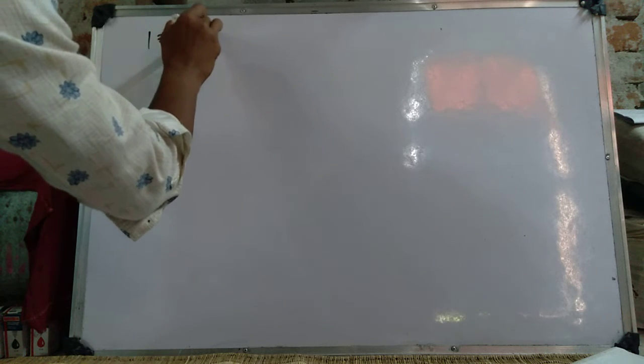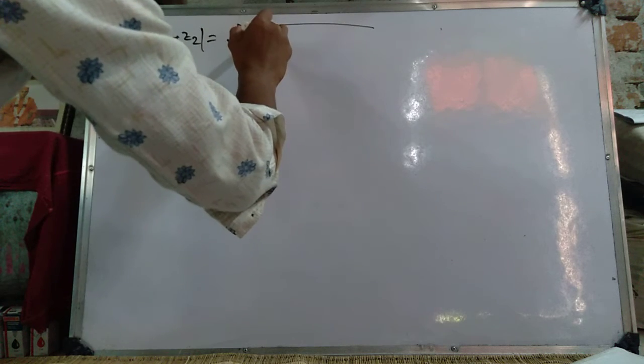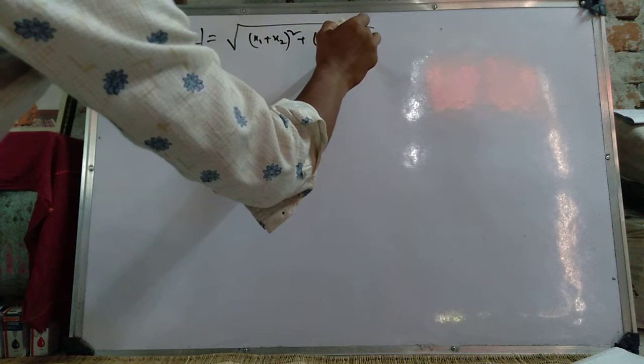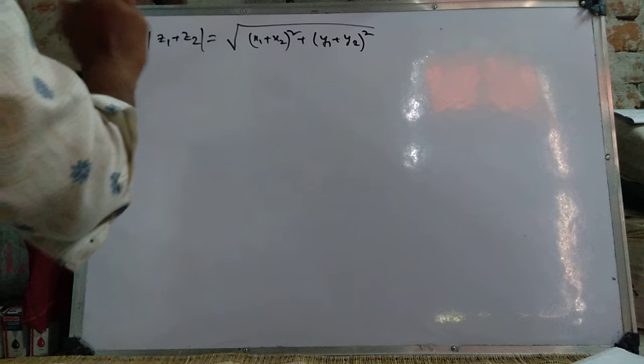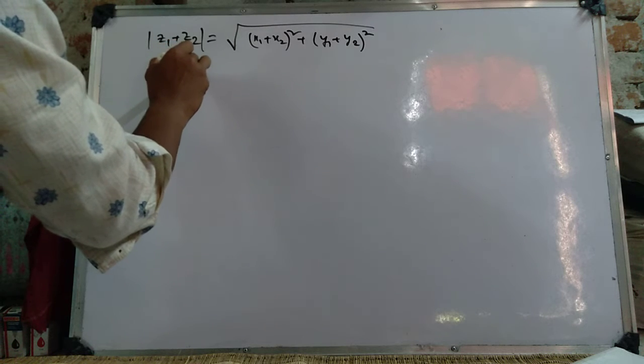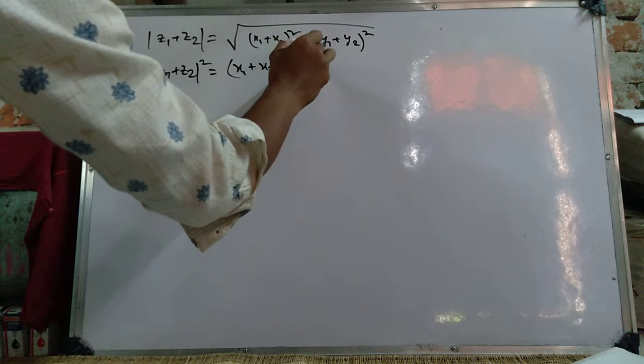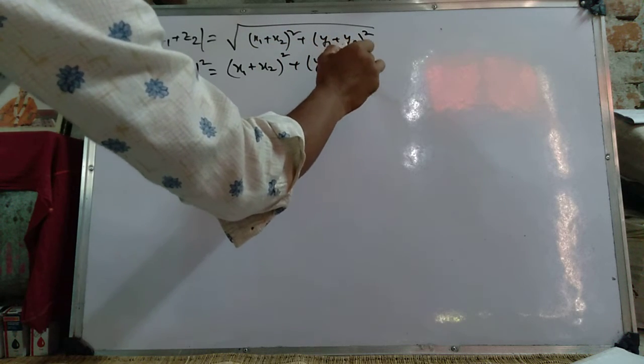Now talk in this way: mod of z1 plus z2 equals the square root of (x1 plus x2) square plus (y1 plus y2) square, and then mod of z1 plus z2 square equals (x1 plus x2) square plus (y1 plus y2) square.